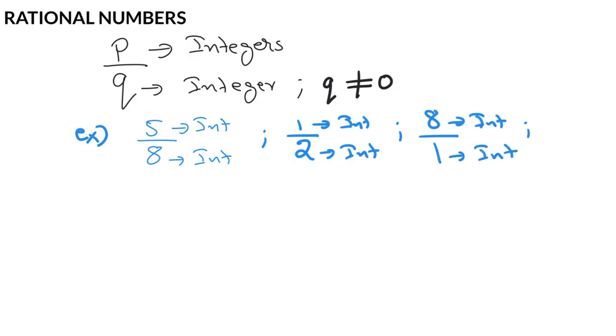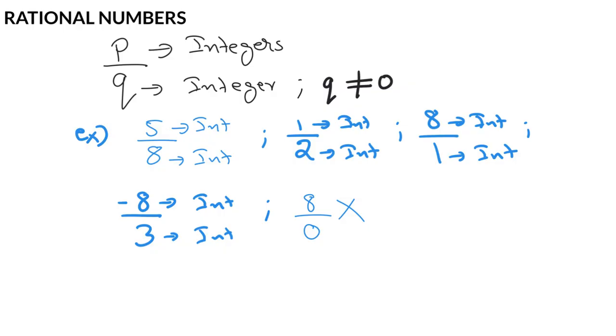Let's take another example. Negative 8 over 3. Is it a rational number? Yes, because negative 8 is an integer, 3 is an integer. Therefore, negative 8 over 3 is a rational number. Okay. 8 over 0. Is it a rational number? No, because look at the definition.